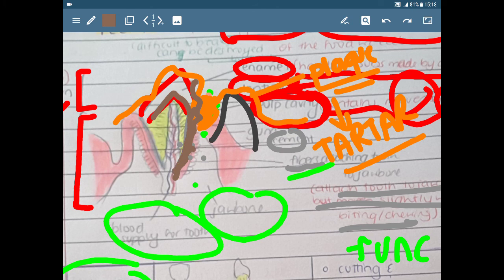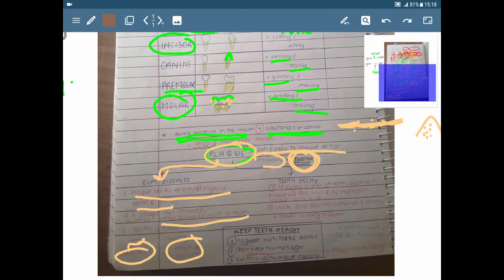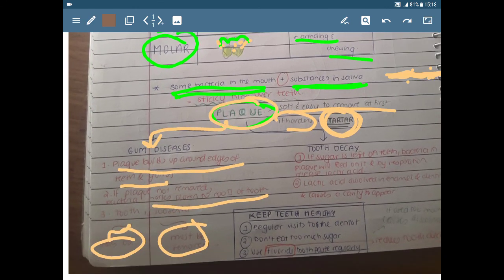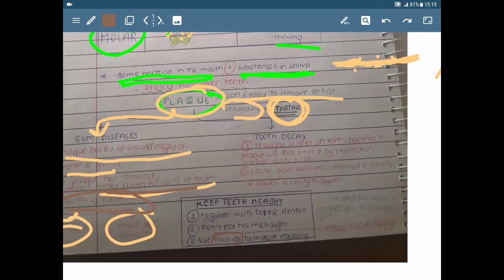Either your tooth is going to fall out itself, or you have to make it fall out. So if plaque is not removed, bacteria work their way down to the roots of the tooth, and the tooth is loosened. Tooth decay is another thing that can happen due to plaque.